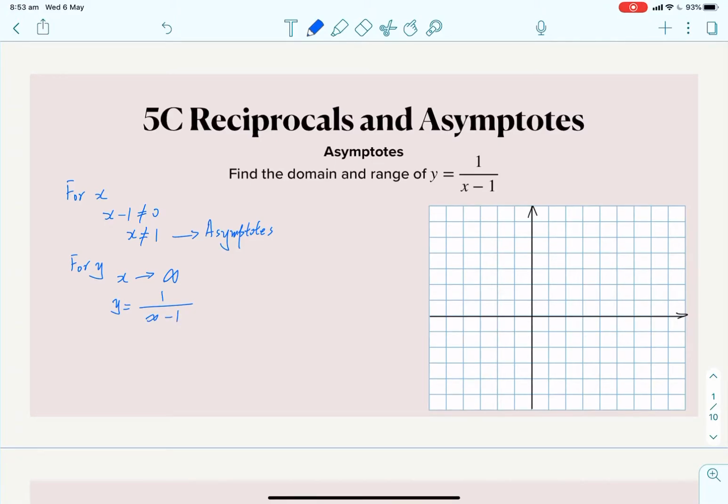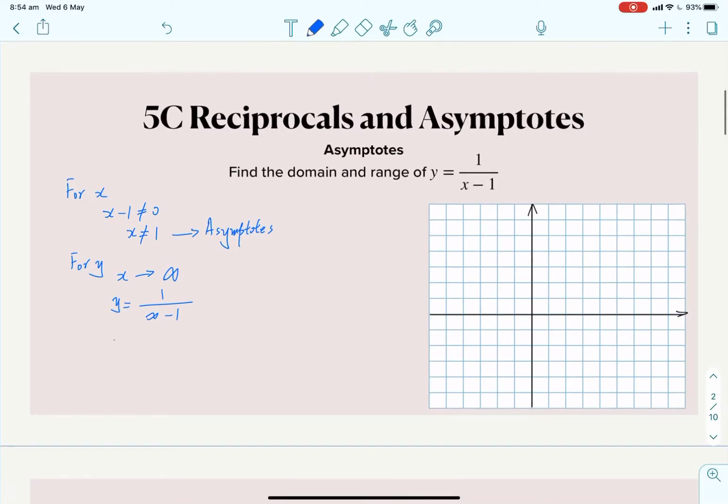Infinity is extremely big, and infinity minus 1 is basically the same as infinity. So 1 over extremely big is really close to 0, isn't it? So y does not equal 0. That's also an asymptote.